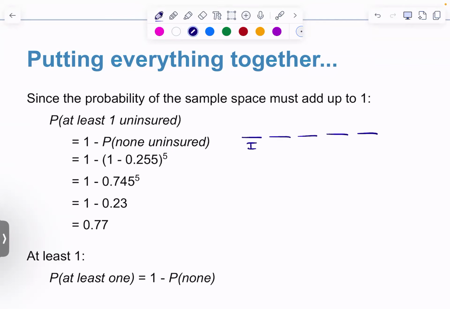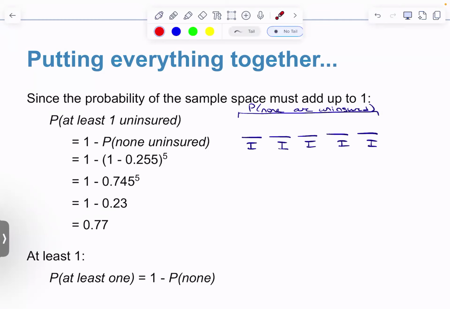And I want this one to be insured, this one to be insured, insured, insured, insured. And this would give me the probability that none are uninsured. They all have insurance.